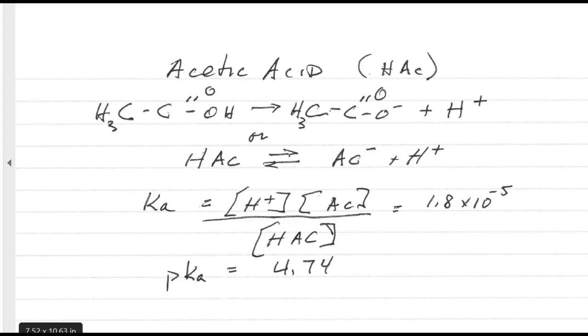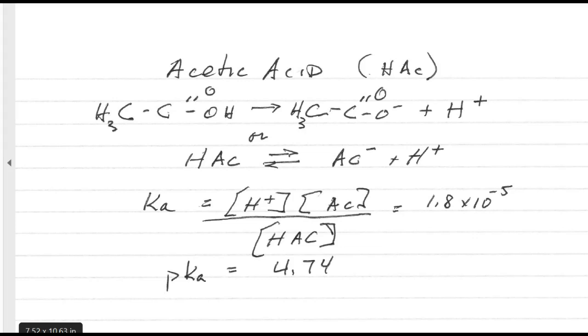Acetic acid is of interest in some environmental matters, particularly related to anaerobic digesters. But as an example here, it's a weak acid, and it's a monoprotic, a single proton acid. So acetic acid dissociates into acetate and the hydrogen ion.